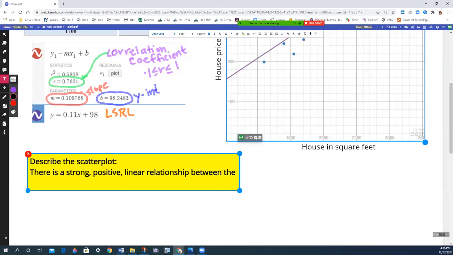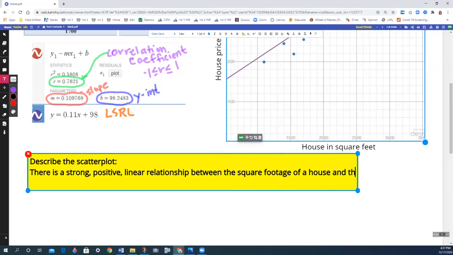Between the square footage of a house and the price in thousands of dollars.